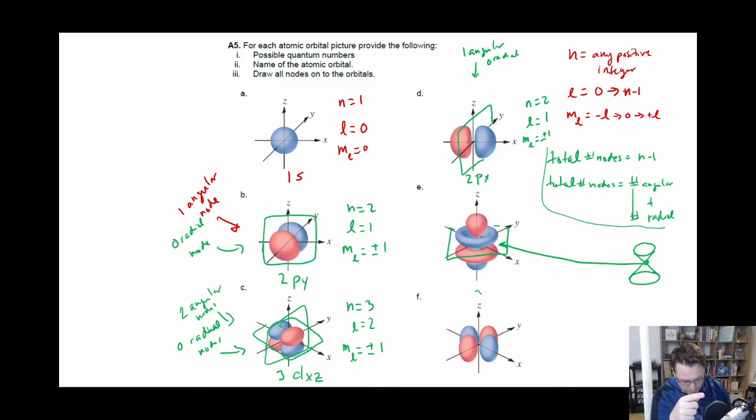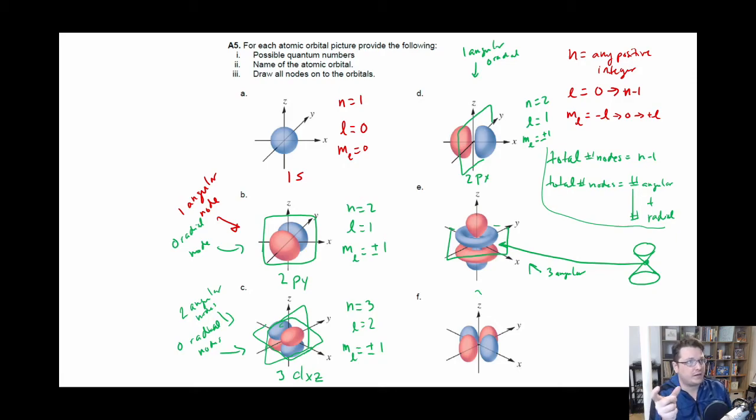So when we're counting up the number of nodes in this case, what we have are 3 angular nodes, because you have the two that are caught up in that hourglass node, and then you have the one that's slicing everything in the XY plane. So there's 3 angular nodes in this case.